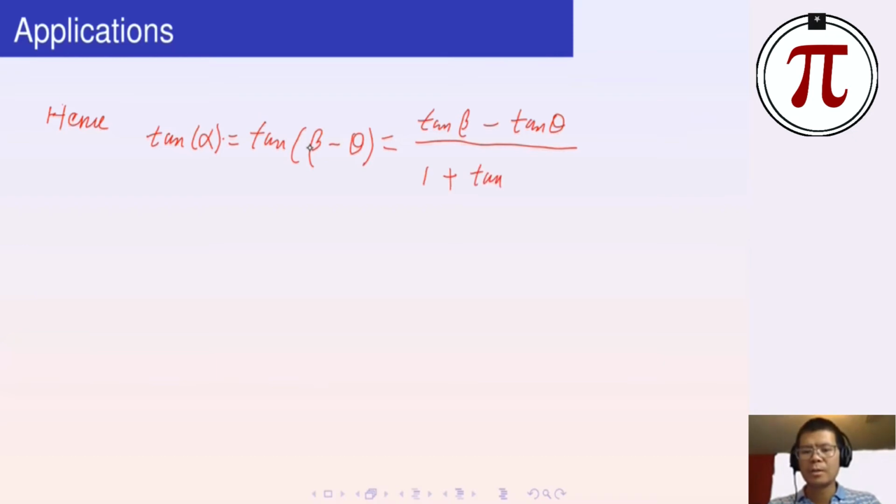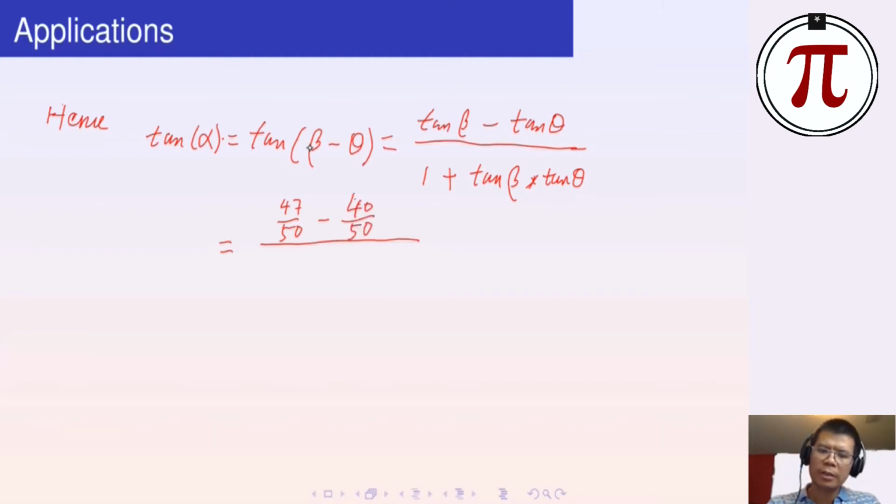Their product. So then it equals tangent beta, which is 47 over 50, minus tangent theta, 40 over 50, over 1 plus 47 over 50 times 40 over 50. Now let's just use the calculator, so you can find this value.